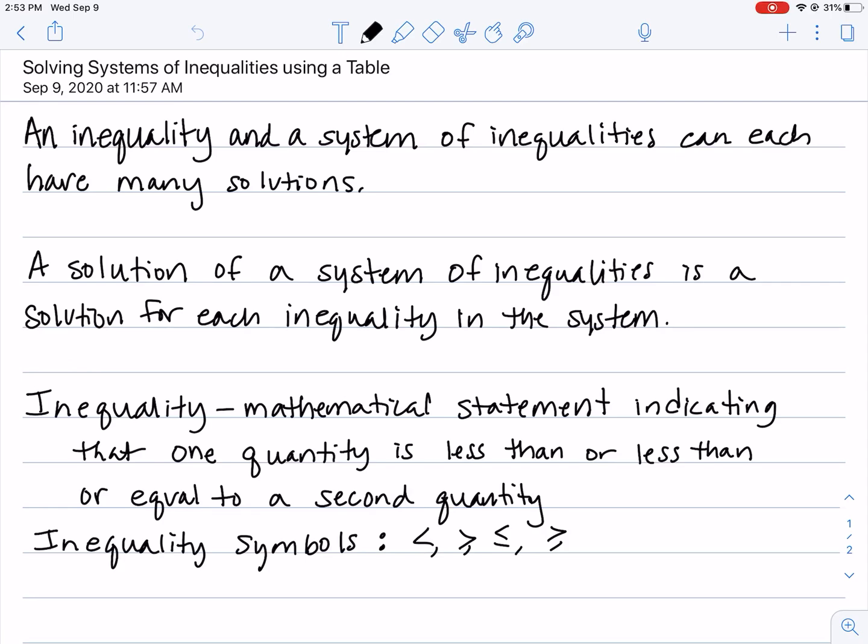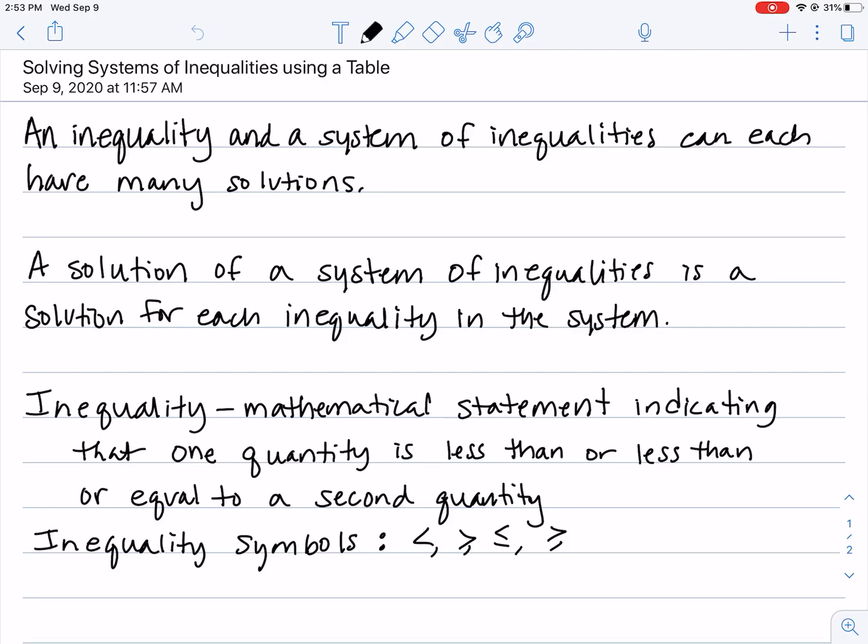This video is going to show you how to solve using a table, and we'll do an additional video on how to solve by graphing. Graphing is usually the most appropriate method because it shows you the infinitely many solutions. When you're solving using a table, you're looking at the whole number solutions, those discrete solutions.